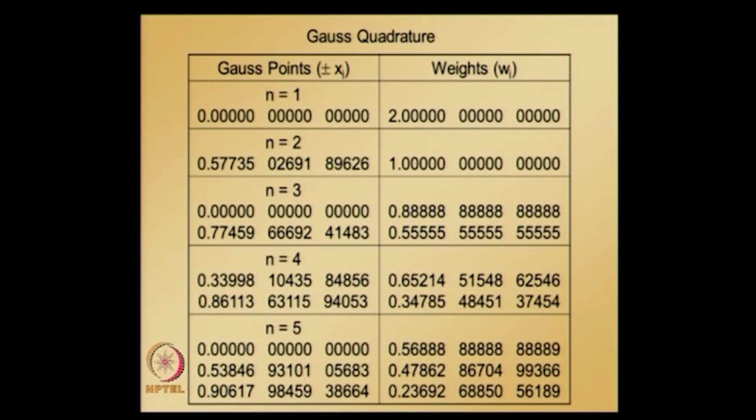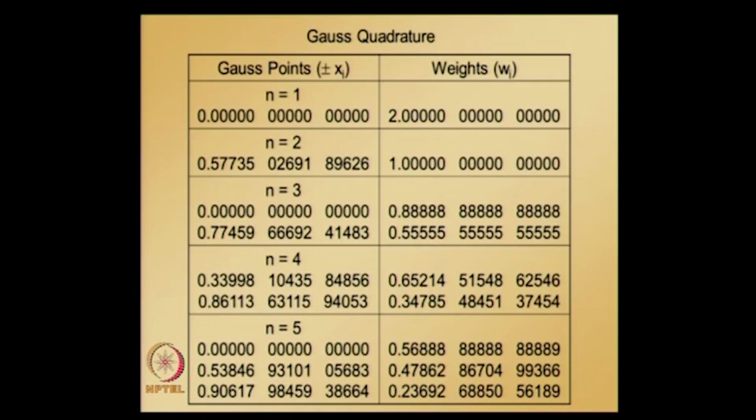That is the reason why a space is there in the table. So for n equal to 2, the Gauss points are minus 0.57735 if I decide to take 5 significant digits, and the other Gauss point is 0.57735, and the weight of these 2 points is equal to 1.